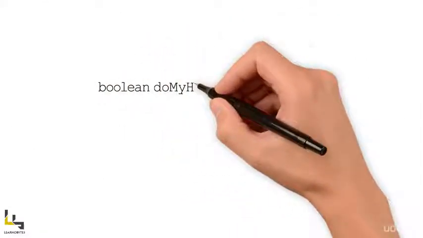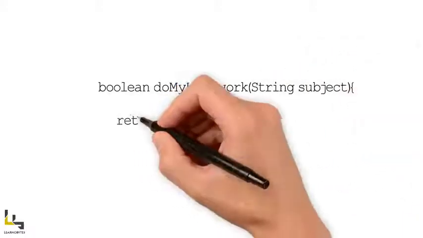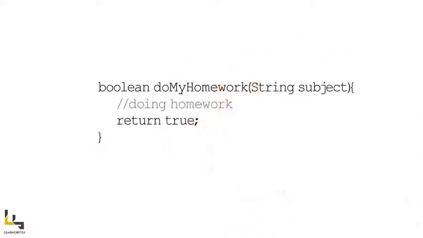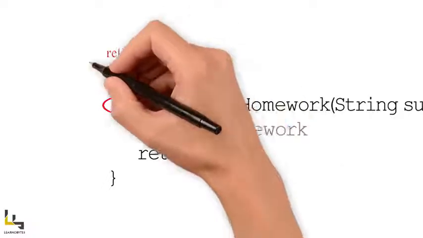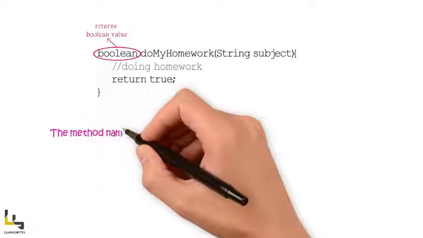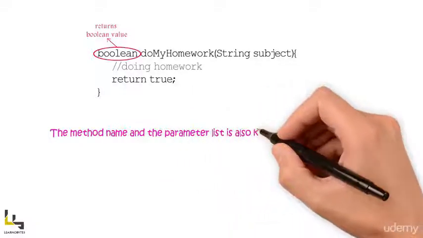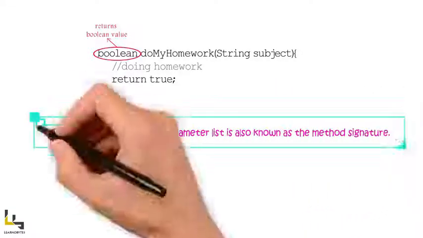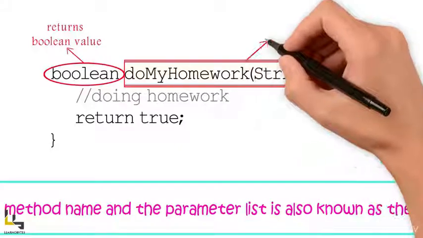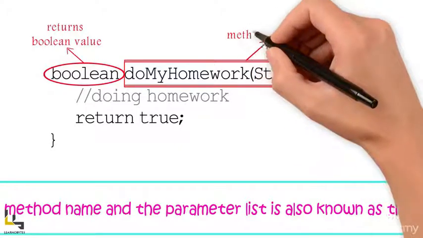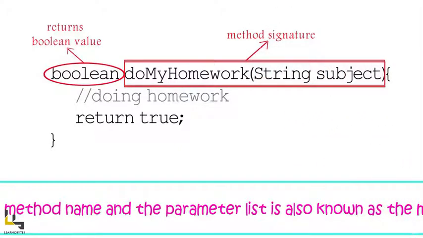This method produces an output of true or false depending on whether it was able to complete the homework. The method name and the parameter list is also known as the method signature. In this code, do my homework string subject is the method signature.